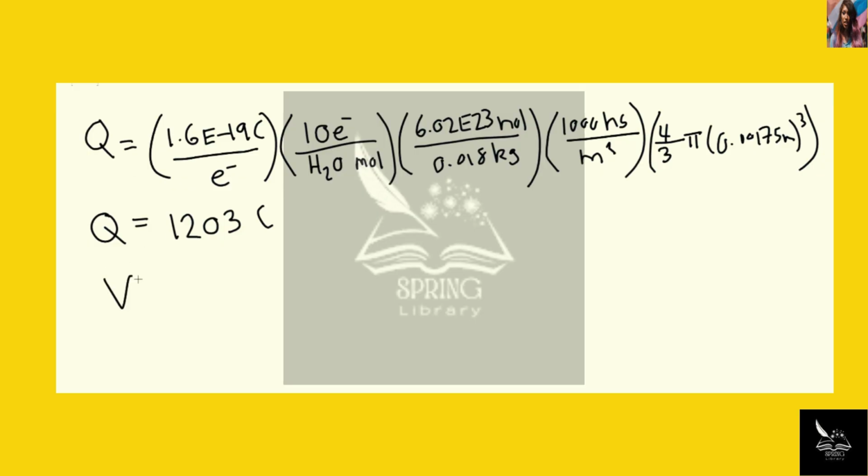So plugging that in to our expression, 1 over 4 pi epsilon naught, charge over the radius of the Earth, which is something large.